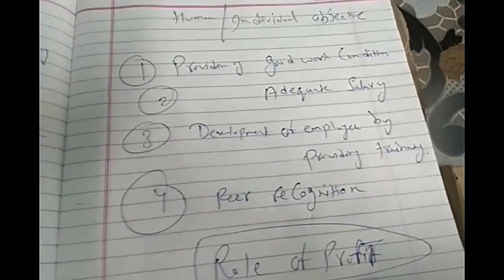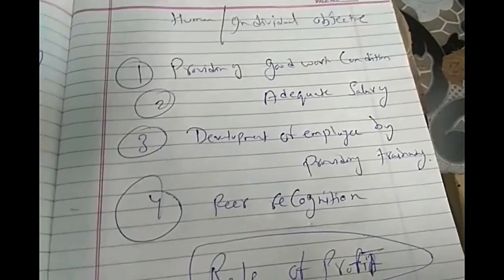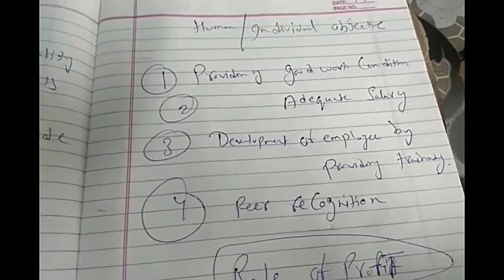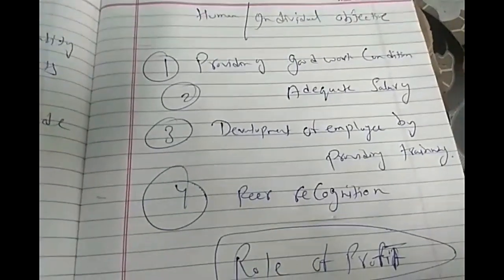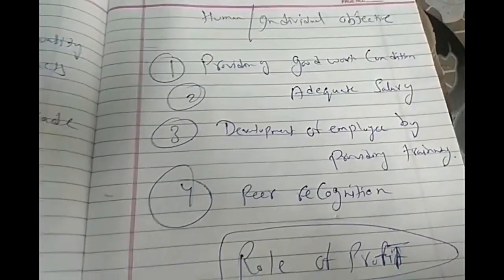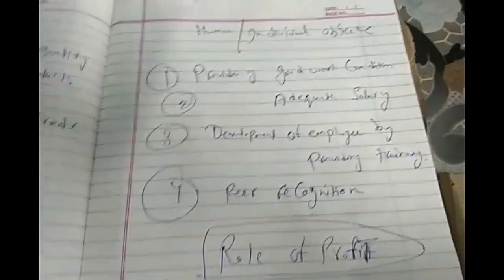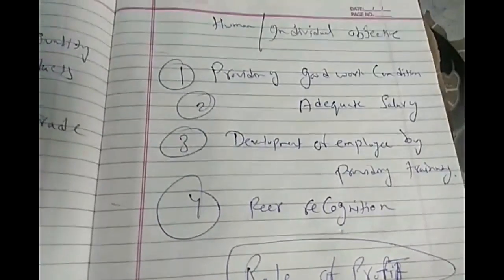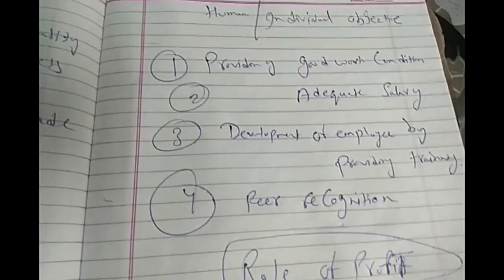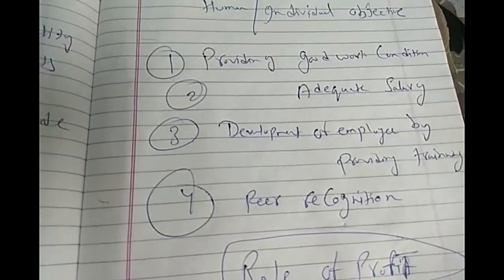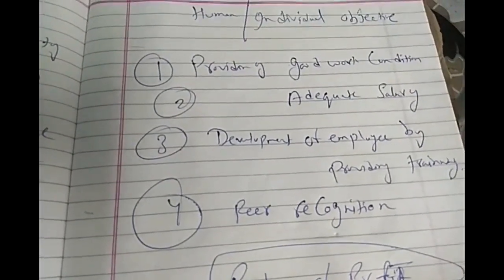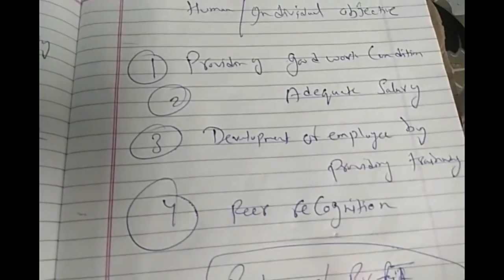Next, development of employees by providing training. They should provide training to their employees, so it can develop their skills, talent and knowledge, and those developed skills and knowledge can be utilized by the employees in the organizational activity of the firm, and they will put in their best for achievement of the organizational goal.